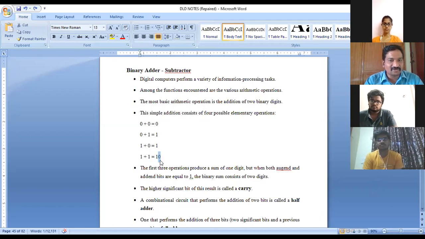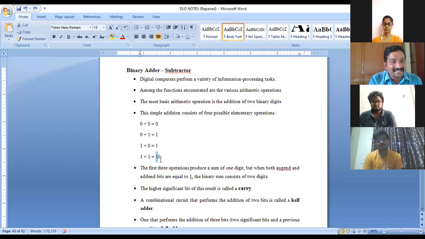The sum is 0. Then what is this higher significant bit? This is the higher significant bit. So MSB. What is MSB? Most significant bit, or sometimes called the higher significant bit.